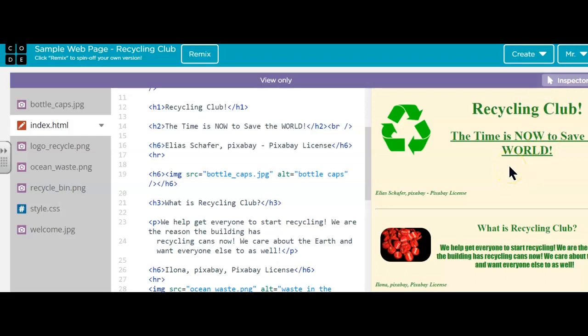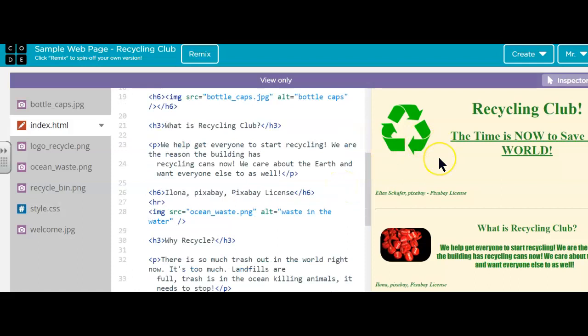So if we were to break this down, we would be able to tell that they're using H1 for recycling, H2 for the time is now, and we're doing a H6 for Ellis Schaefer, which lets us know that H1 is probably the largest size and H6 is probably the smaller size.